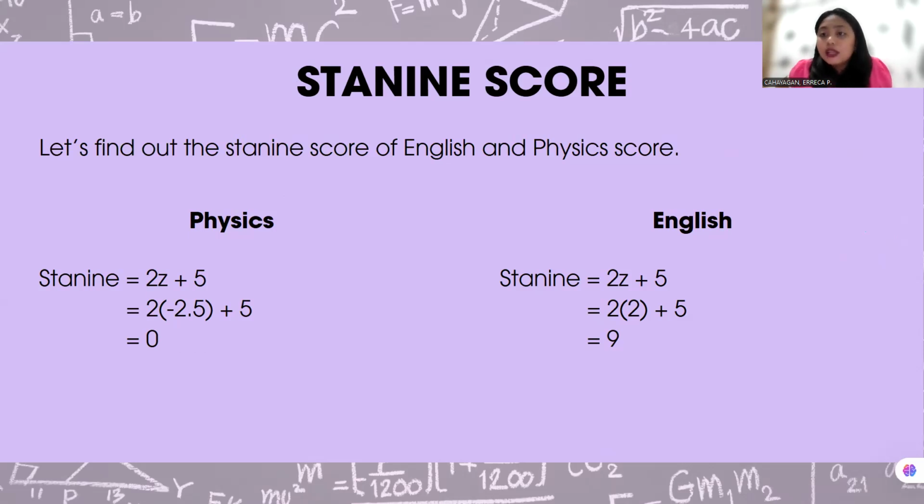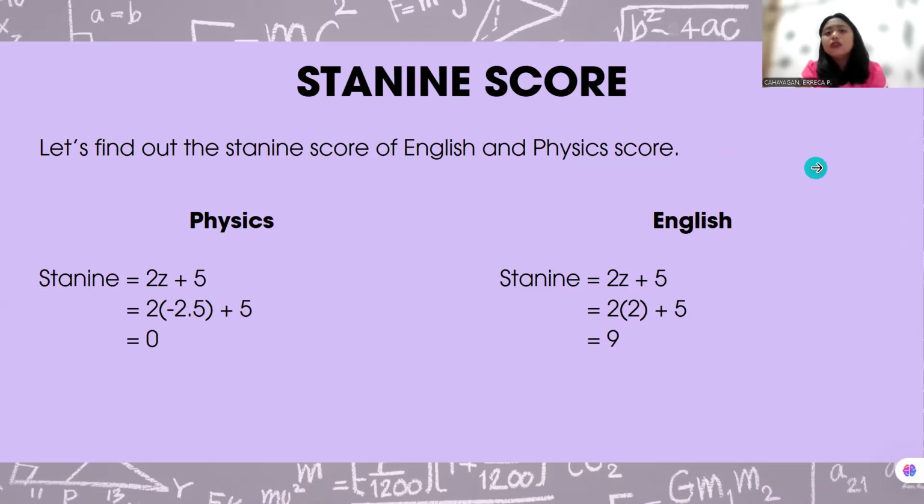So 9 is the highest, which means you got the highest score in your test, while in physics you got the lowest. And not just lowest, your score is not even in the stanine score.